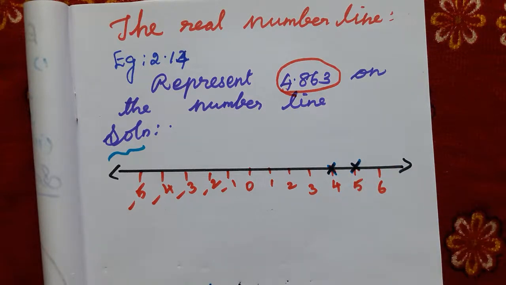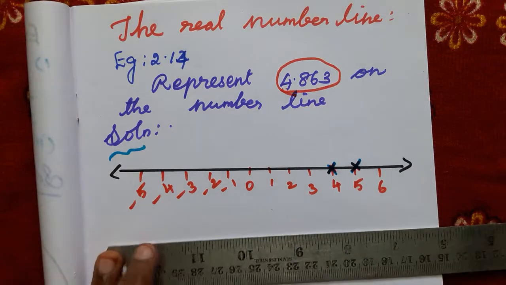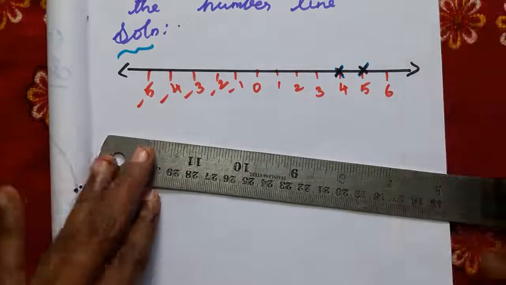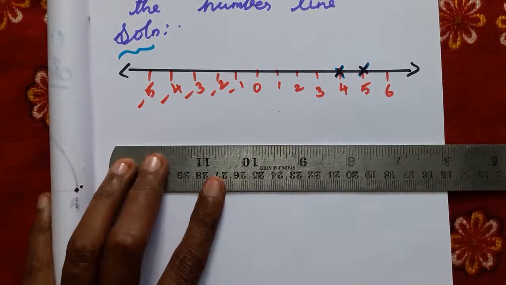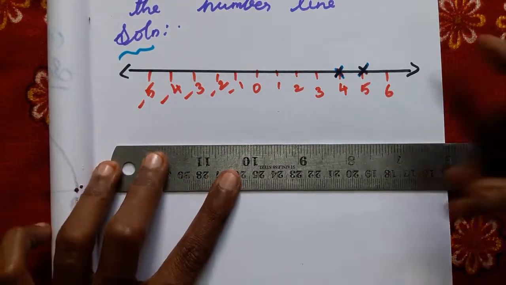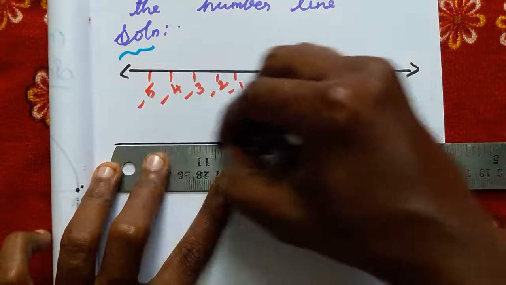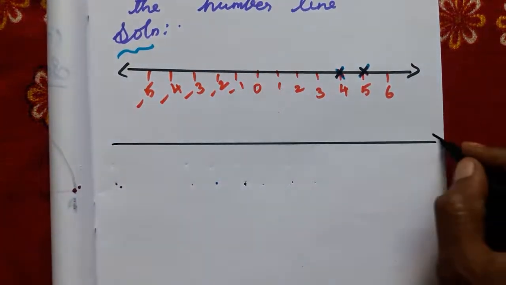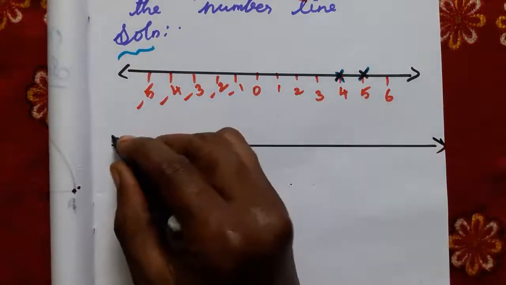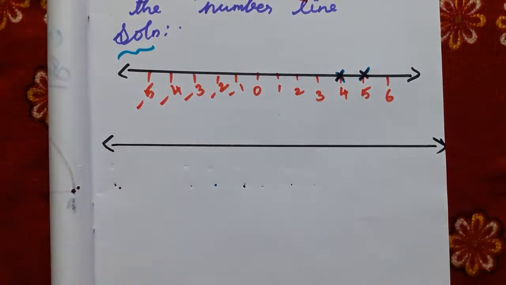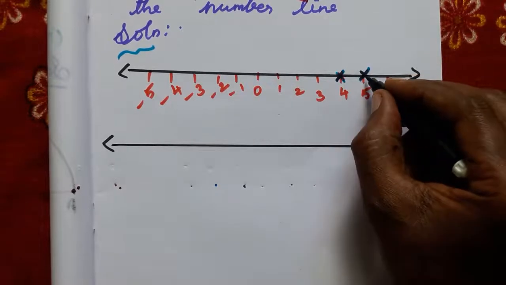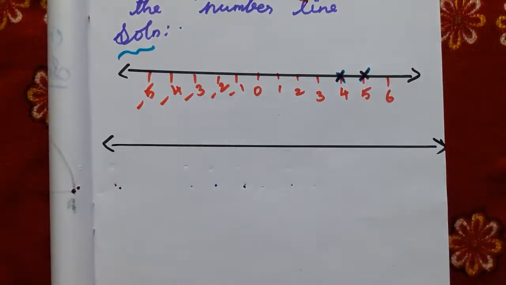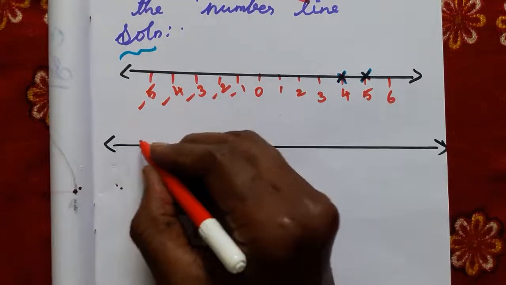Again we have to draw a number line. What are the numbers we marked? 4, so we have to start the number line from 4.